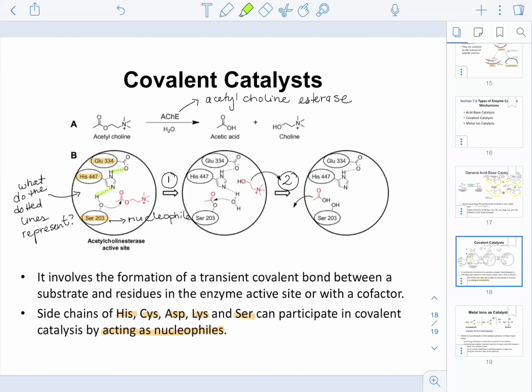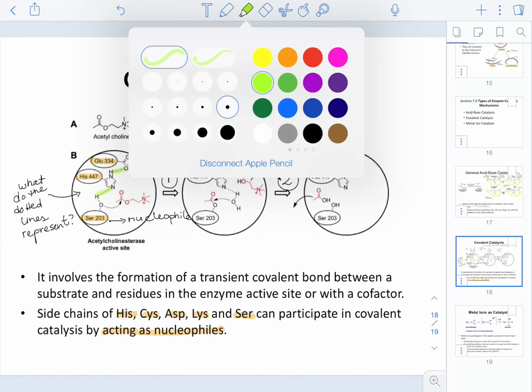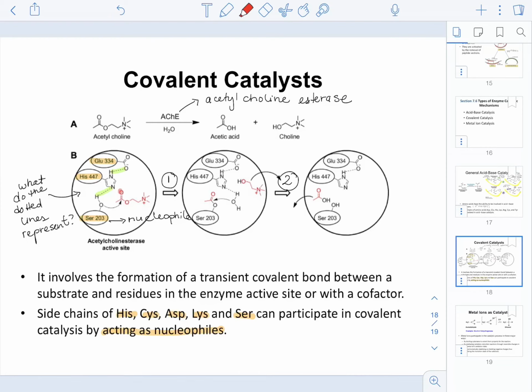So this group that I'm going to highlight in red is the acetyl group. Again, the oxygen in the serine is going to be attacking the carbon in the carbonyl in that acetyl group. In step 1, we form the choline, which I'm just going to circle.